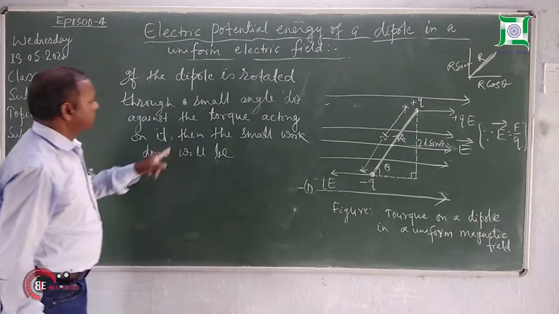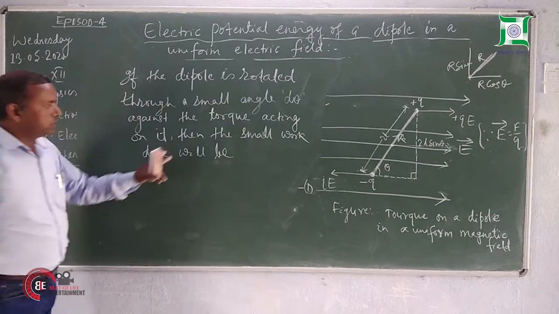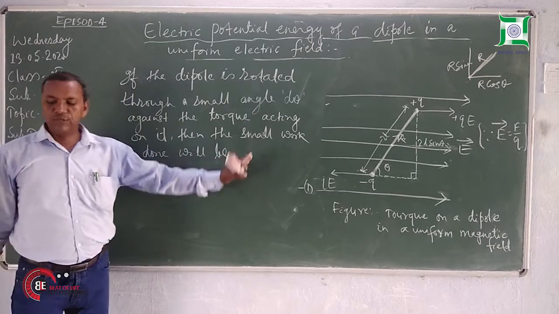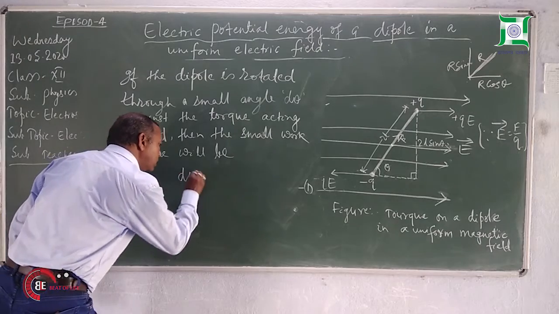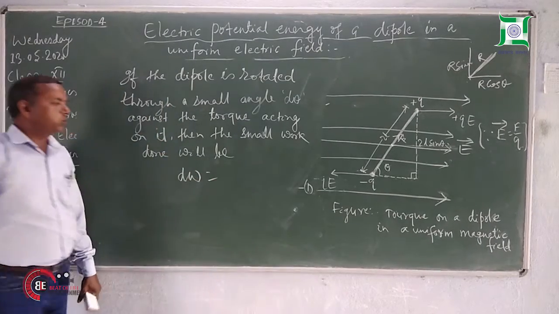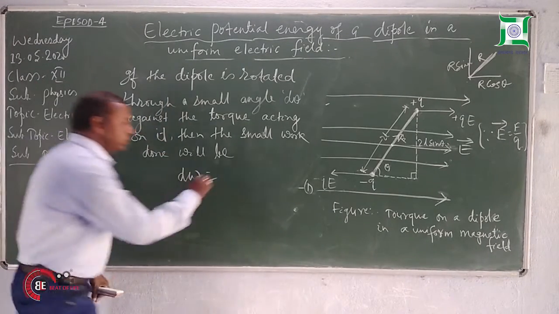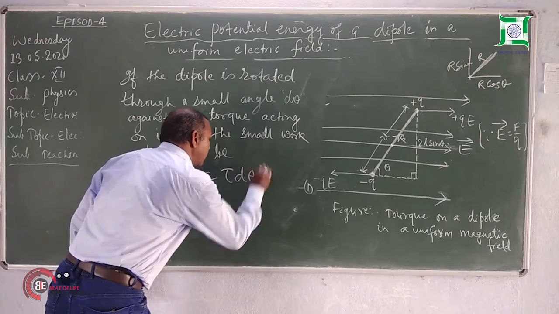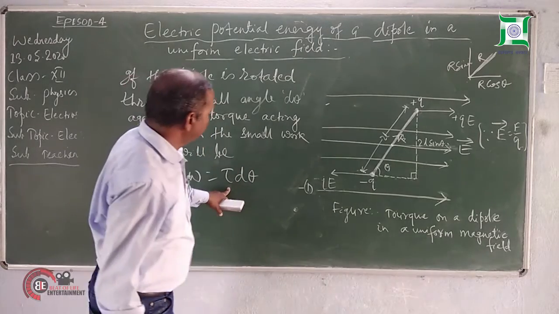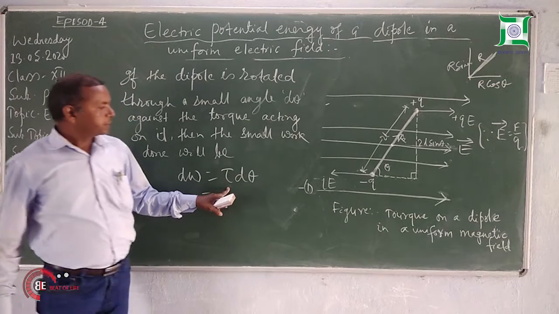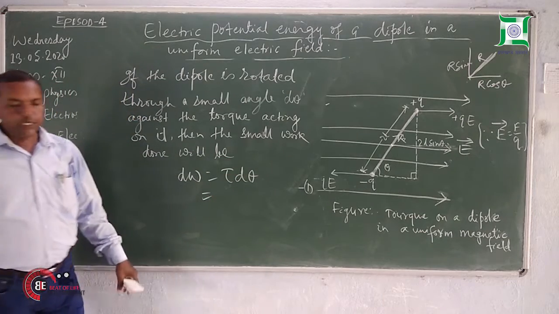So we can write the small work done dW is equal to tau d theta, and this will be the value of tau we have obtained in equation 1, PE sin theta.